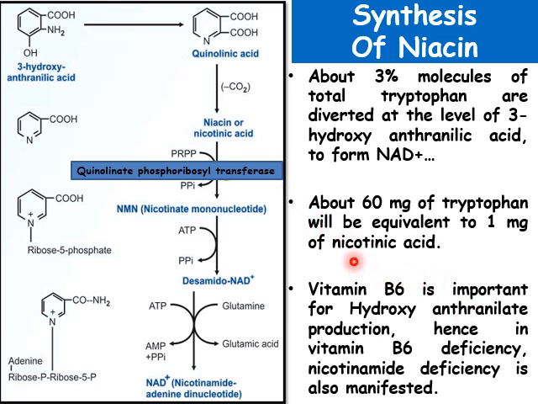In the previous reaction we have seen that from the kynurenine, when this hydroxyanthranilic acid forms, B6 is required. Hence even in B6 deficiency we will not get this 3-hydroxyanthranilic acid, so we will not be able to produce niacin, and this results in niacin deficiency.